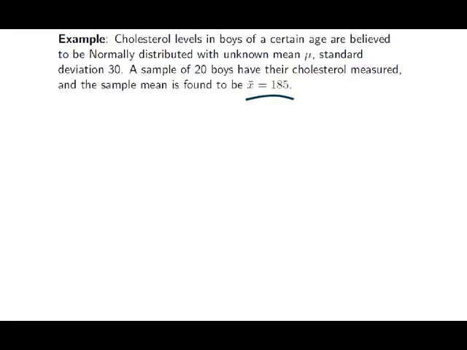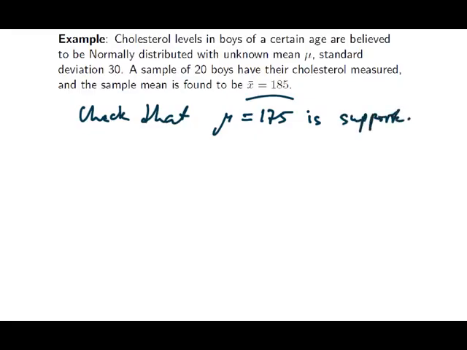So what we want to check is that mu equal to 175 is supported by the given observation.